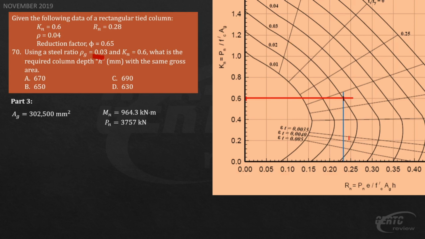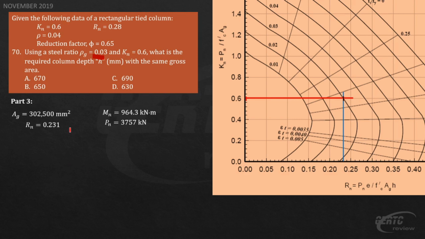That will give us a value of Rn approximately 0.23. Lagpas ng 0.23. So, I just have it as 0.231. Approximately. Ang hinahanap dito ay H.